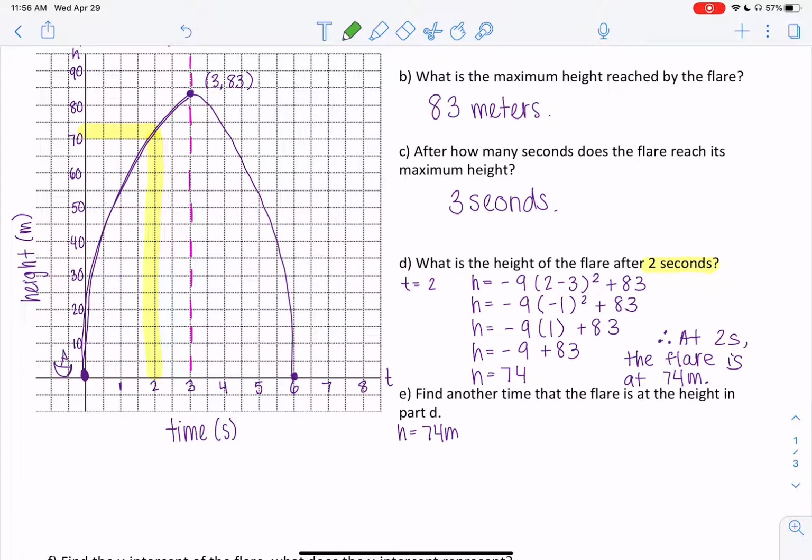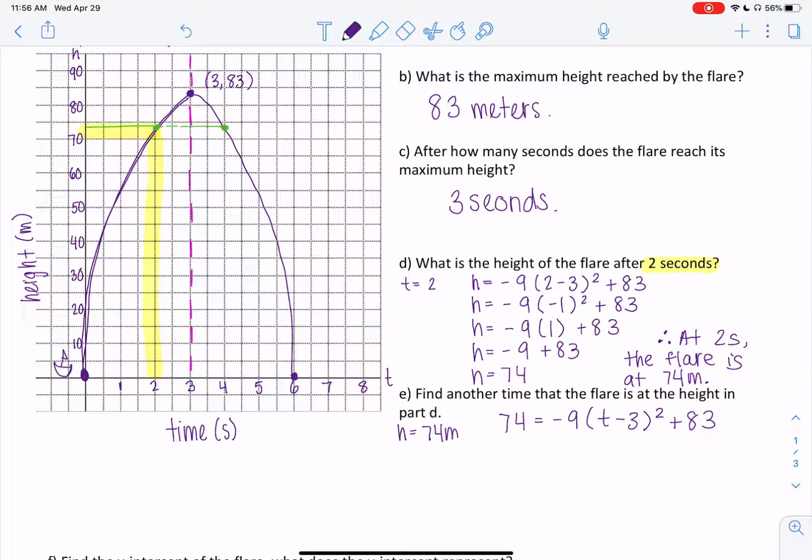So at 74, I found there's one at 2 here, but it also reaches 74 again over here. So what we need to do is we need to figure out when that happens. So let's do it algebraically. We're going to sub in h equals 74. So that will give us 74 equals -9(t - 3)² + 83. And now we're just going to do opposite operations.